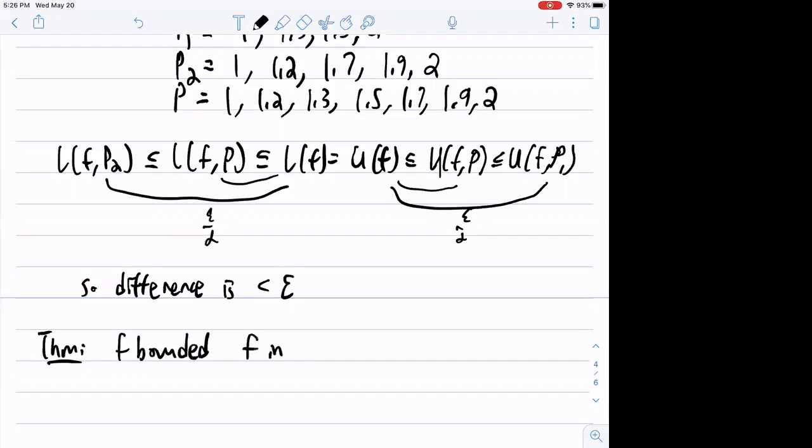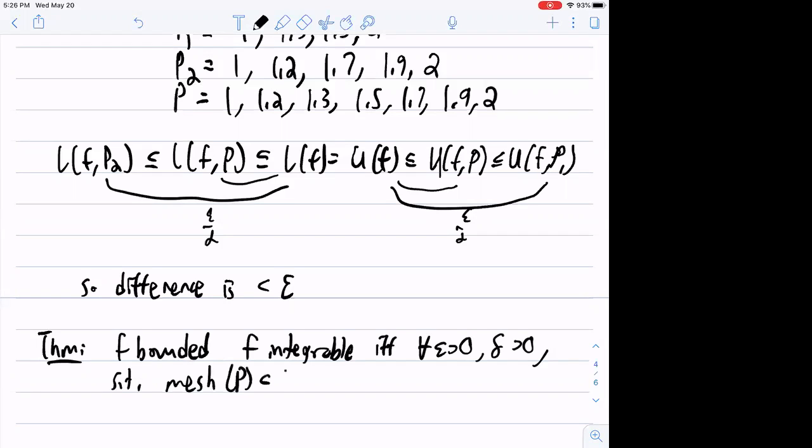So F integrable if and only if for all epsilon greater than 0, there exists delta greater than 0, such that if the mesh of P is less than delta, then U of FP minus L of FP is less than epsilon. I'll define mesh later.